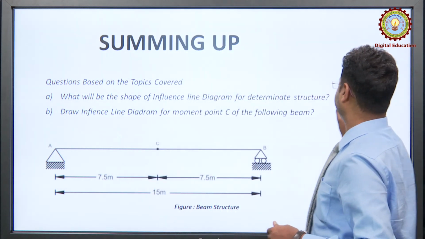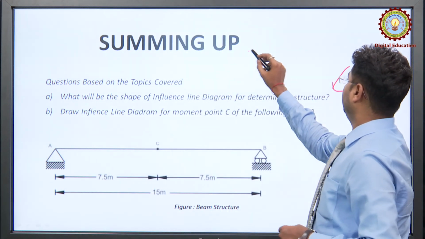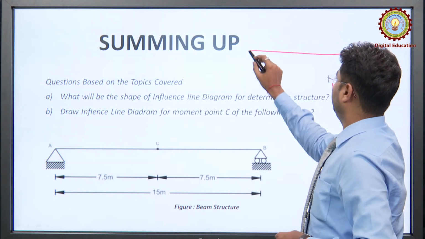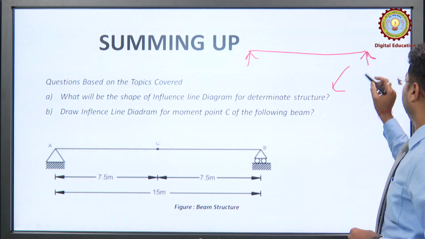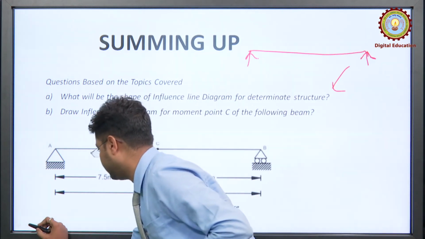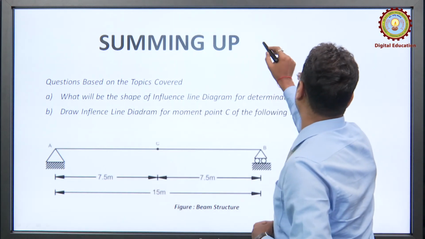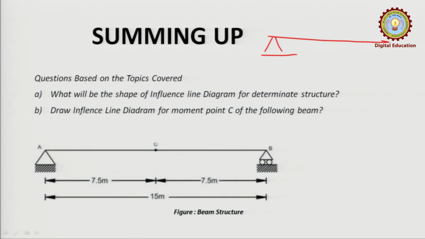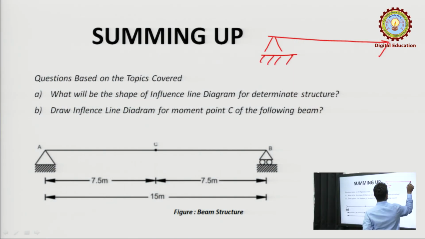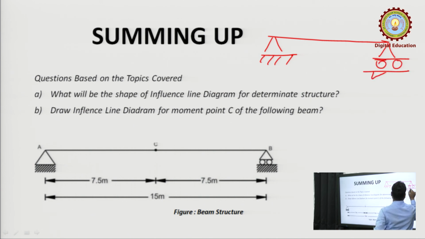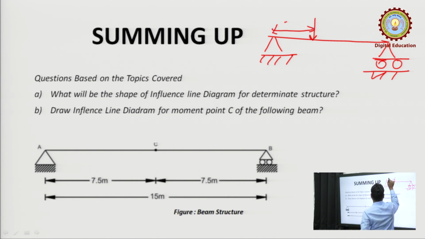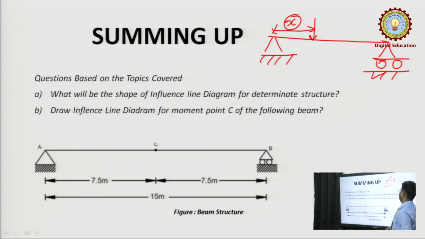For example, if you have a beam given, this is the determinate beam, and a unit load is working on the beam at a distance x from A.